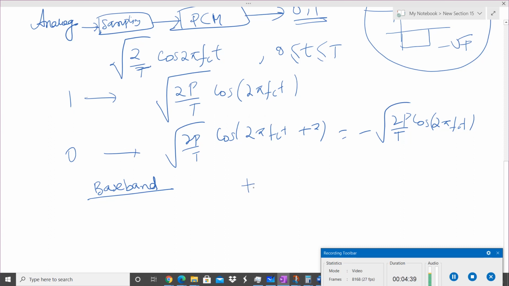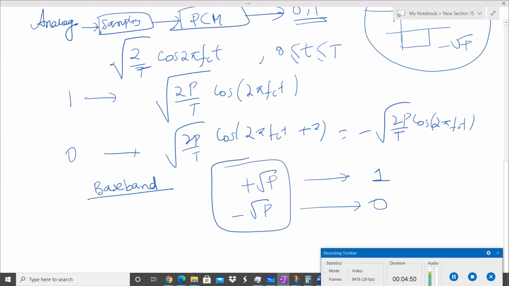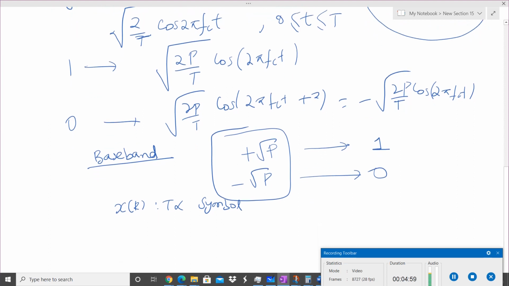The BPSK symbol is now plus root P for binary 1 and minus root P for binary 0. So in baseband, let me represent the transmitting symbol, which is here the BPSK symbol, as x of k. This is the transmitting symbol. Okay, now you may ask, what is this k?